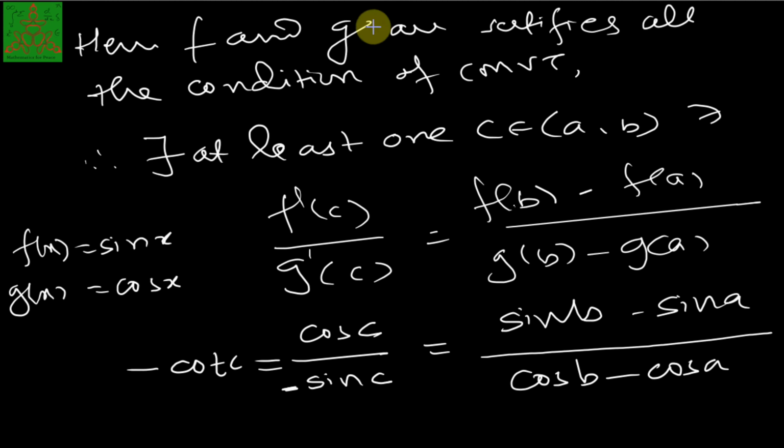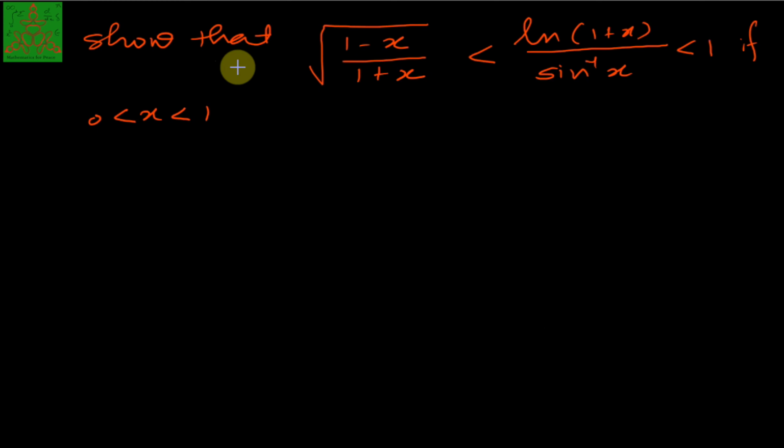So let's solve the next example. The next example is to discuss this inequality if x is between 0 and 1. From this middle expression you just see that I can say it is ln of 1 plus x minus ln of 1, and sine inverse of x minus sine inverse of 0.